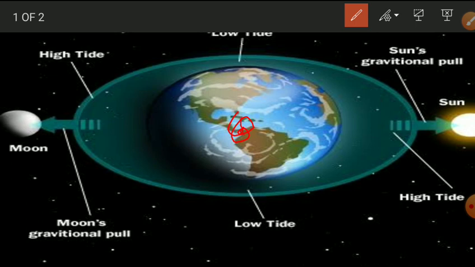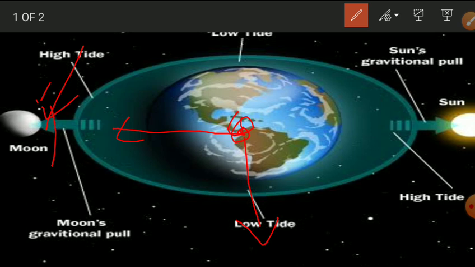So the water from this side goes here, and obviously the water level declines on this side. So when we see high tide here, at the same time here we will see a low tide.